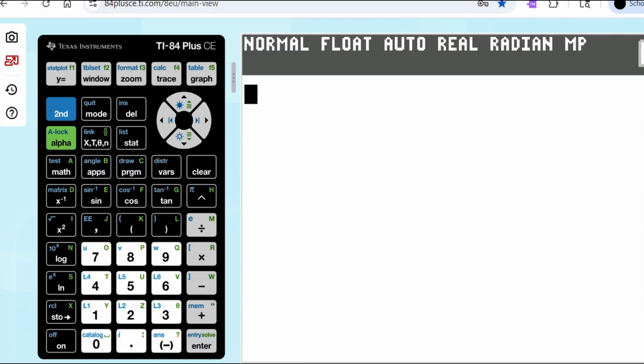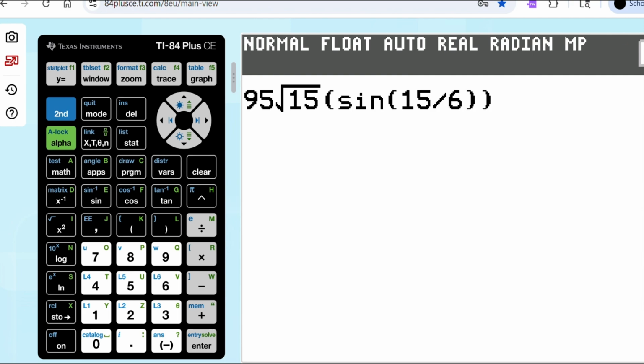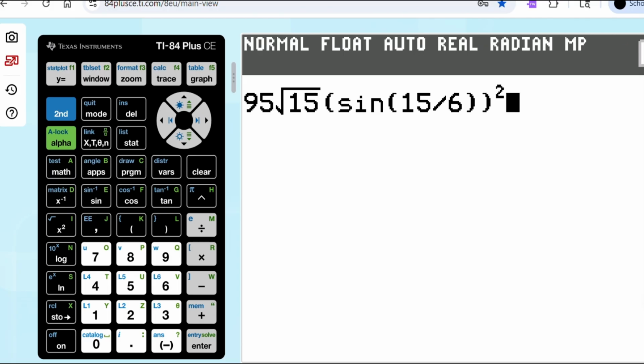W was 95 times the square root of t, so 95 root 15 times the sine squared of t over 6. Since the calculator doesn't have a sine squared function, we'll just do the sine of 15 over 6, close the parentheses on the whole sine, and then square that.